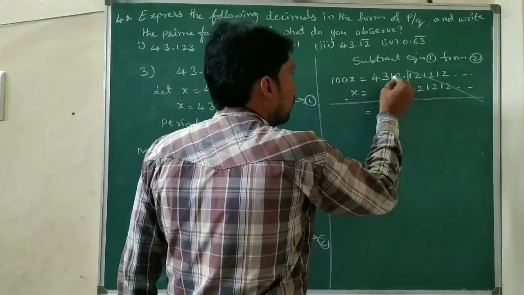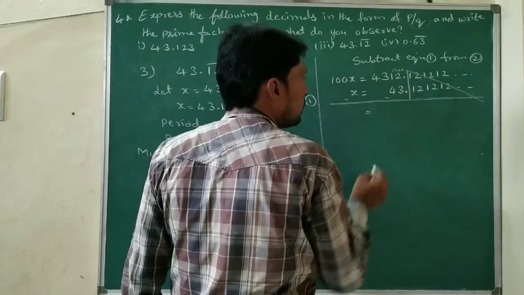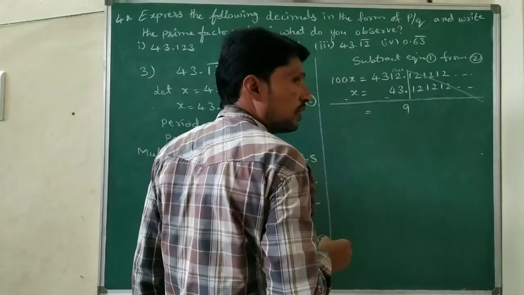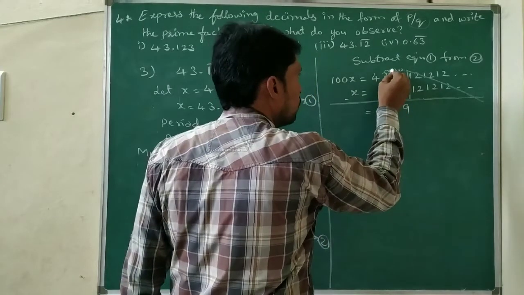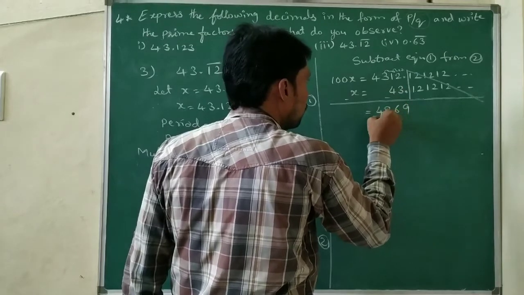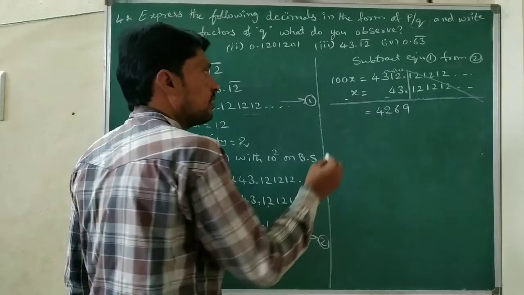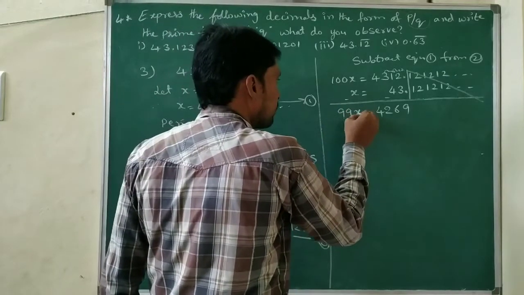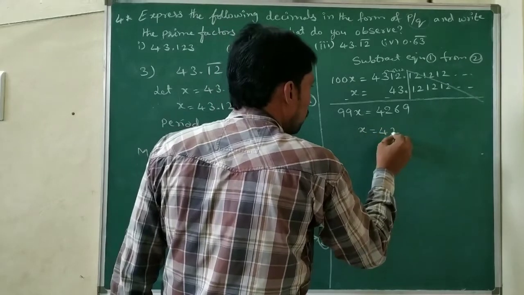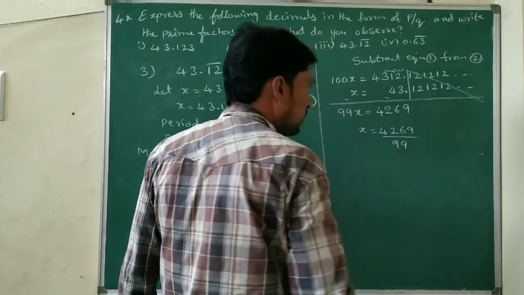Now you can subtract: 2 minus 9 is not possible, so 12 minus 3 is 9. Now 10 minus 4 is 6. Here now 2, 4. Here 100x minus x is 99x, so x equals 4269 by 99.